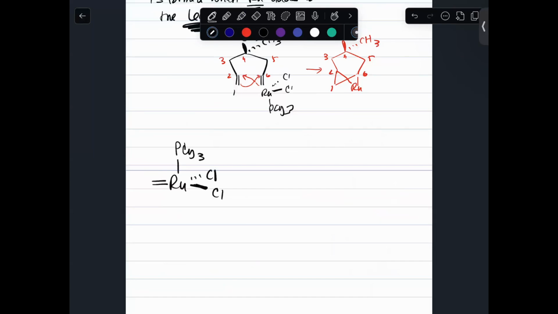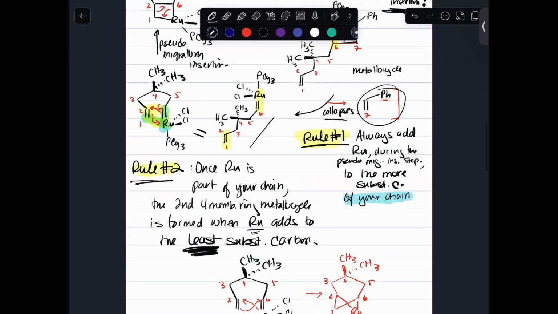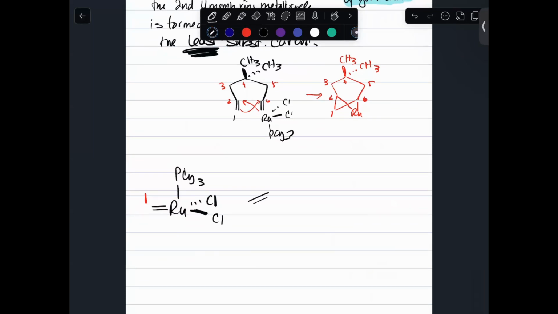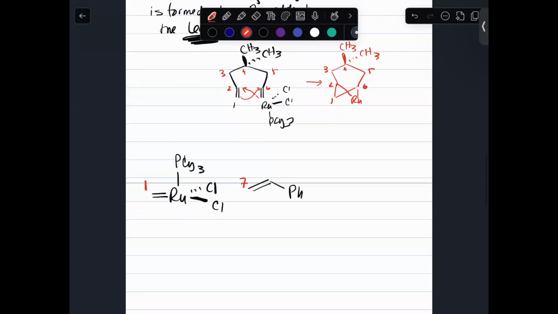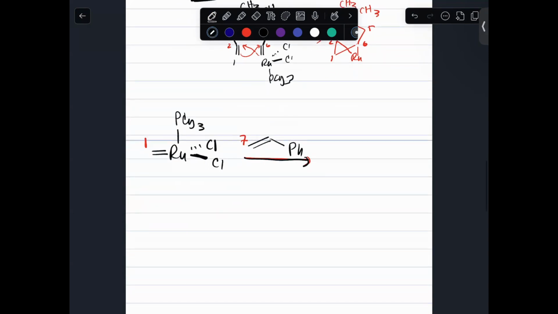And so what do I do now? This is carbon one. Well, if you remember, I had a byproduct, styrene. I need to bring that back because that's part of carbon seven. Again, I complex my ruthenium carbene and my styrene.